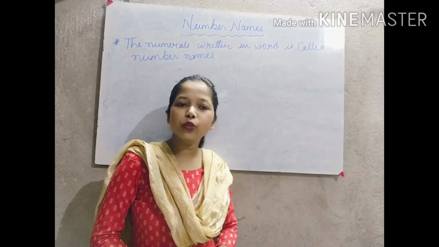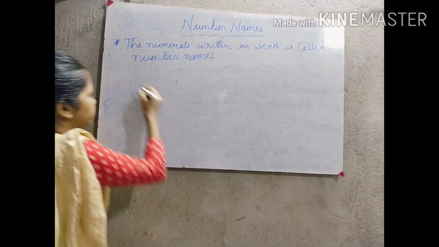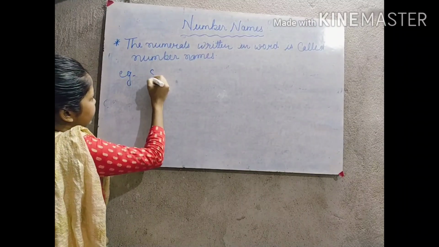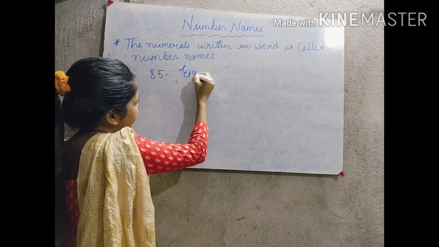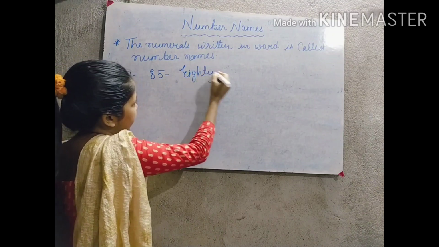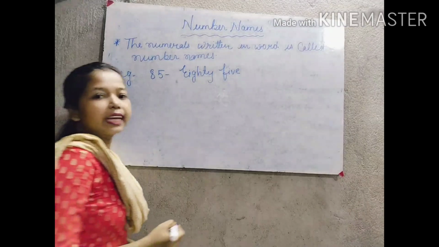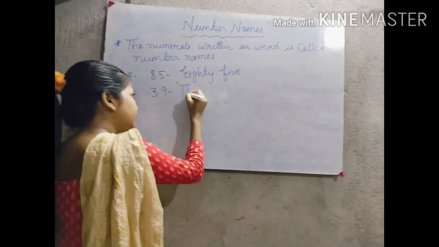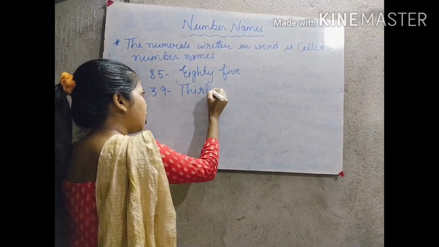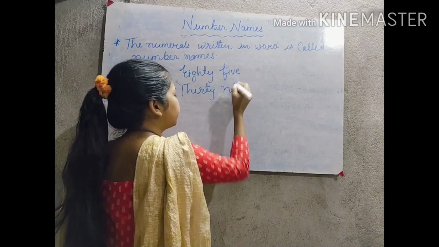Children, let's see some 2-digit number names. Let us recall. See the first number. Example 85. It will be spelled as E-I-G-H-T-Y, F-I-V-E. 85. Second one, 39. It will be spelled as T-H-I-R-T-Y, N-I-N-E. 39.